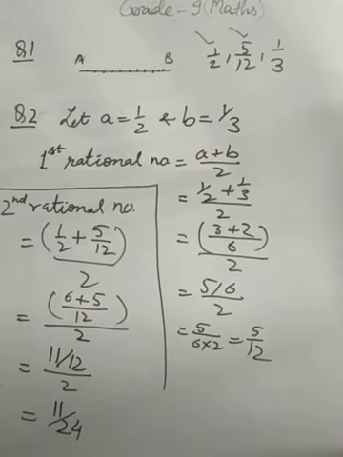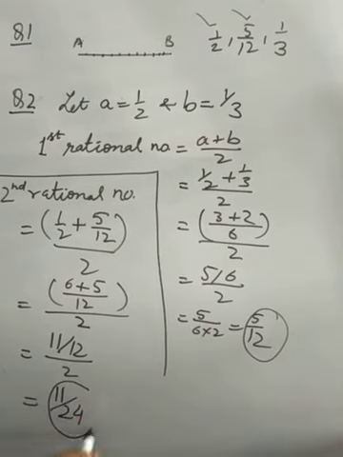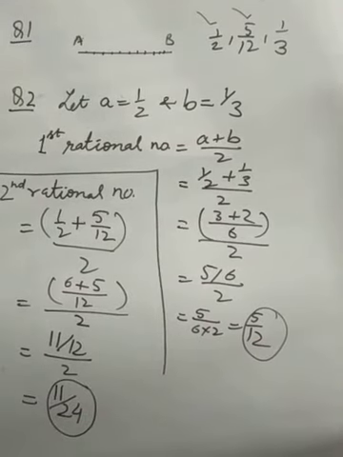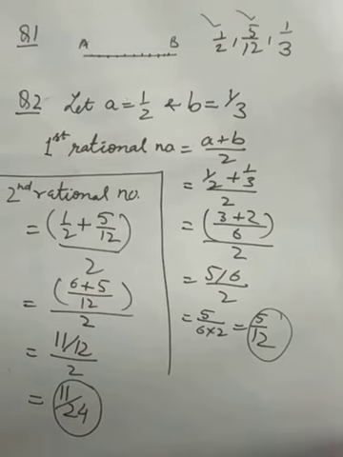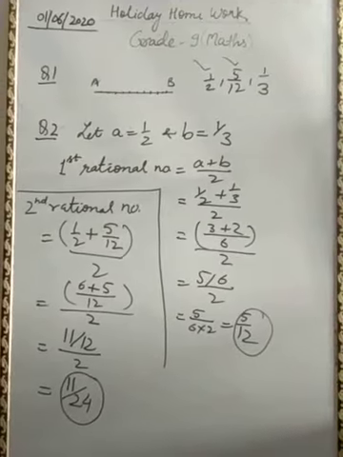So our answer is this: 5 upon 12 and 11 upon 24 are the two rational numbers between 1 upon 2 and 1 upon 3, right?